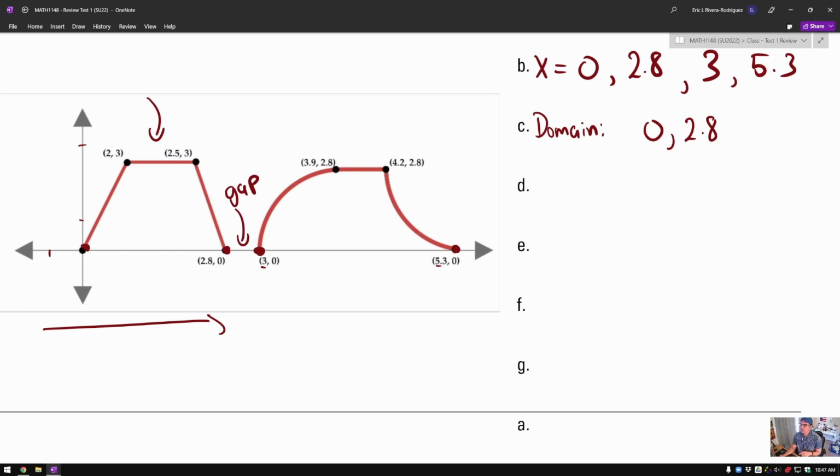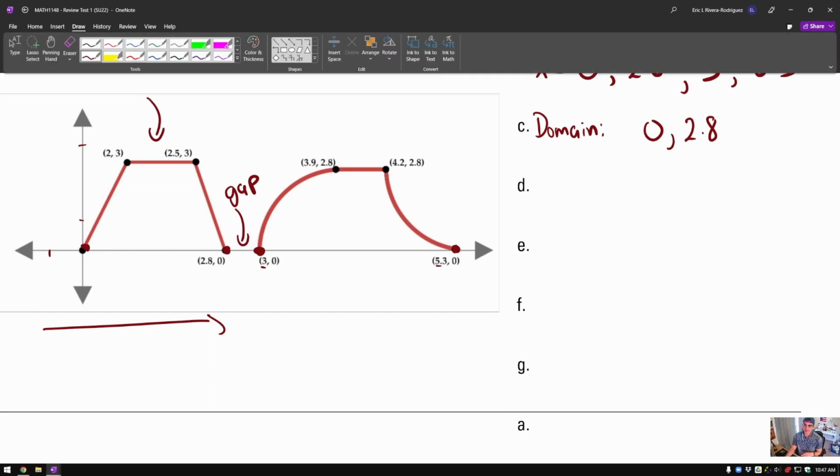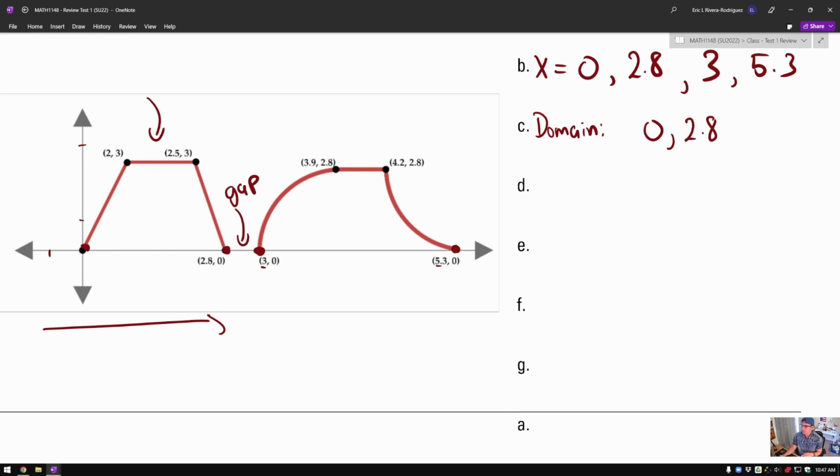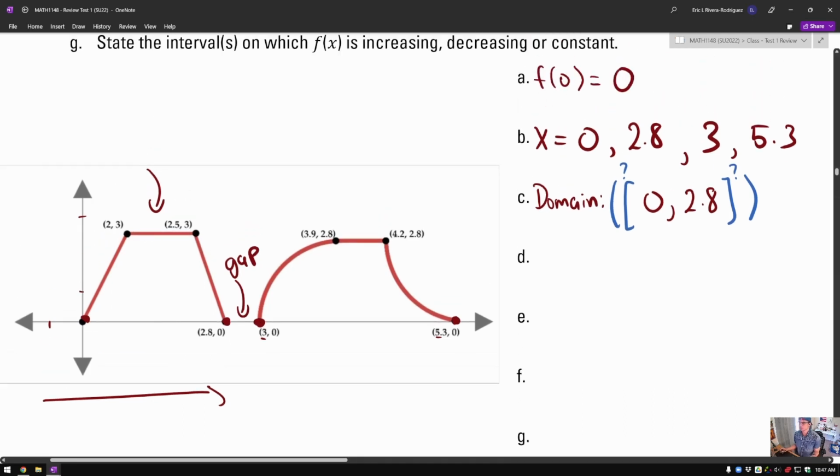So I am missing something here. What I'm missing is a parenthesis or a square bracket. Square bracket or parenthesis. Which one is it? And how can we determine which one we are going to use? Any suggestion?